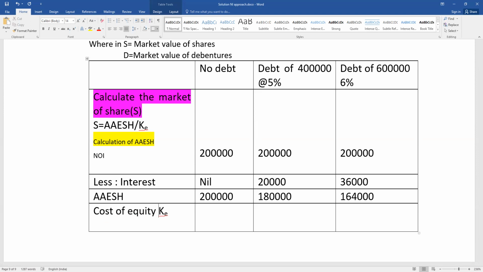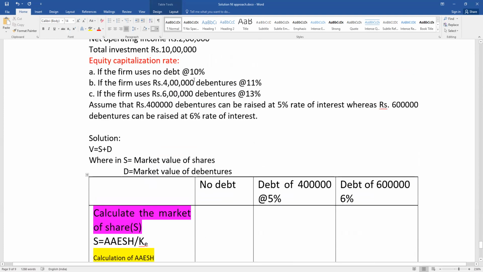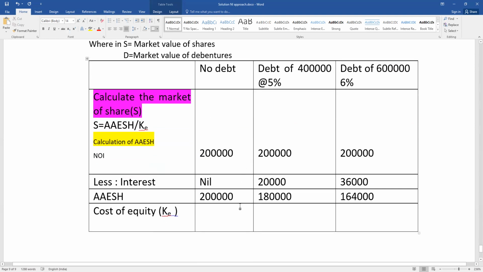I repeat again, cost of equity is known as equity capitalization rate also. So where do you get cost of equity? It is already given. It's 10%, 11%, and 13% respectively.